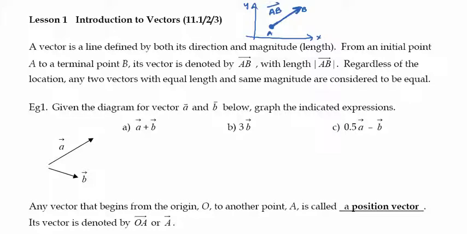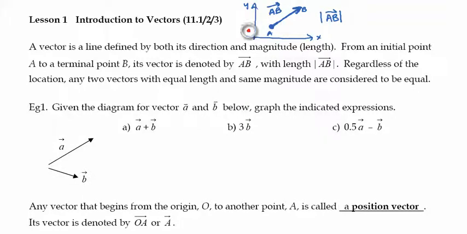So we use this little arrow at the top above the AB to indicate a vector. And the length of this line, similar to modulus, we use this symbol to describe the length of your vector. Regardless of the location, any two vectors with equal length and the same direction are considered to be equal. So using the example that I just drew, I can come up with another random vector.